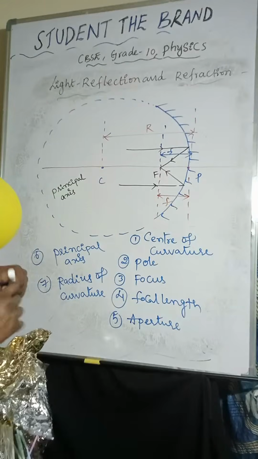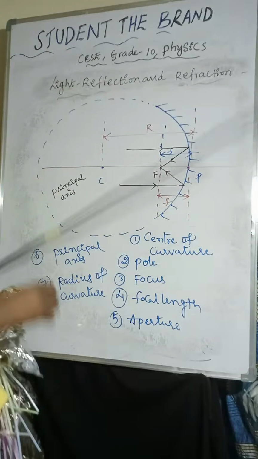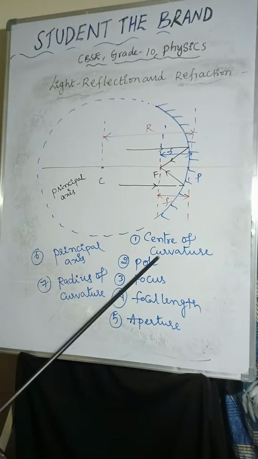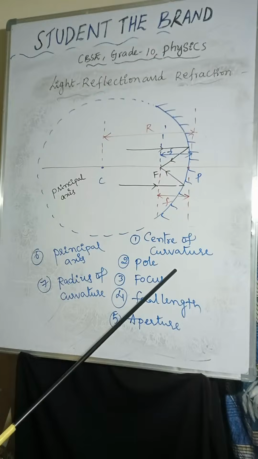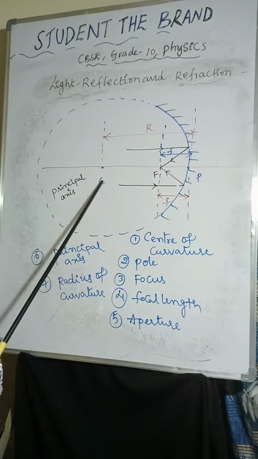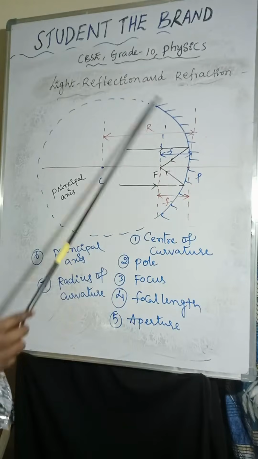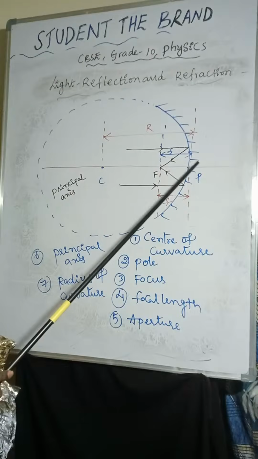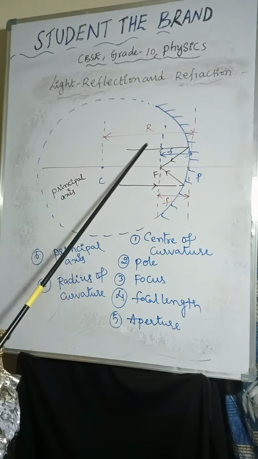You can check here: the center of the imaginary sphere of which the mirror is a part is called the center of curvature. This is the mirror, and the midpoint of the mirror is called the pole.